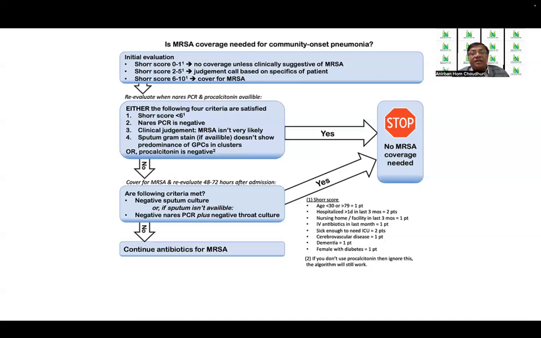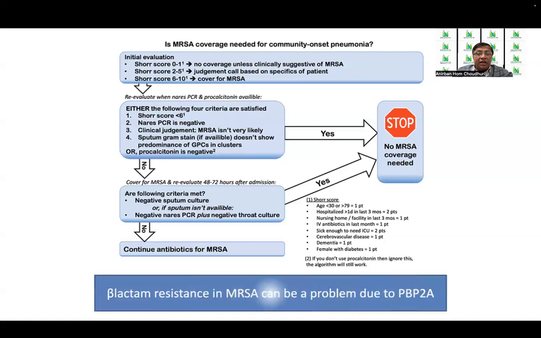If the answer is yes, we can stop, as we know MRSA coverage is not needed. If the answer is no, we have to cover for MRSA and reevaluate 48 to 72 hours after admission. Again, we have to see whether the criteria are met: negative sputum culture, or if sputum culture is not available, then negative nasal PCR plus negative throat culture. If it is no, then we continue antibiotics for MRSA.